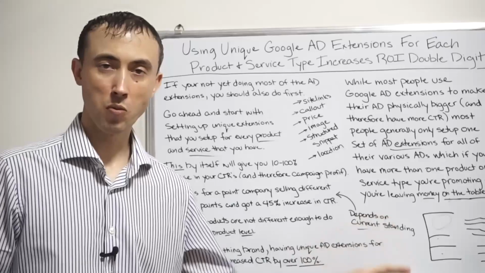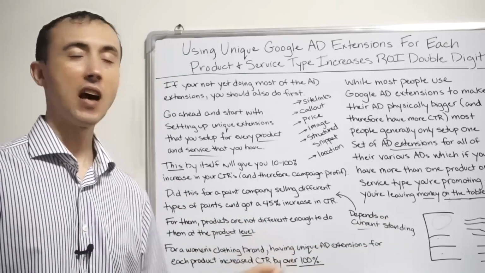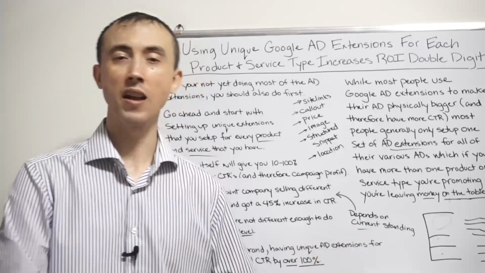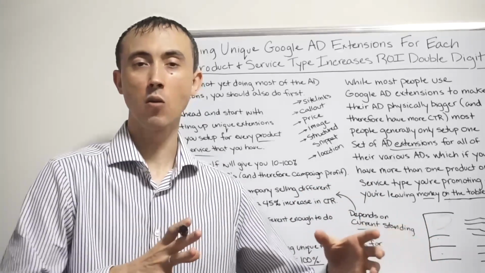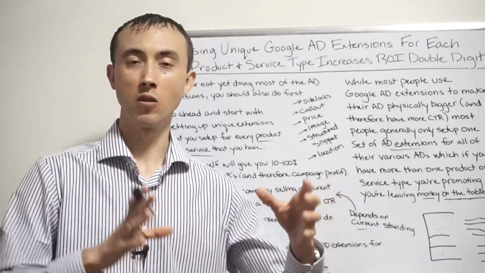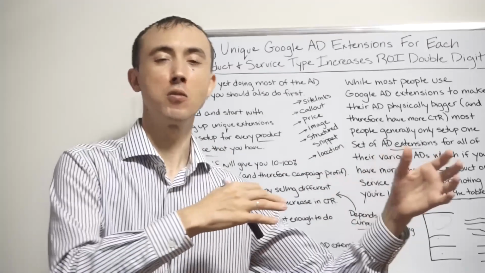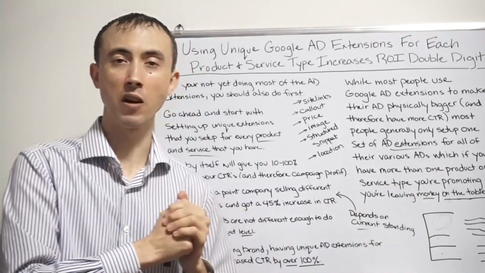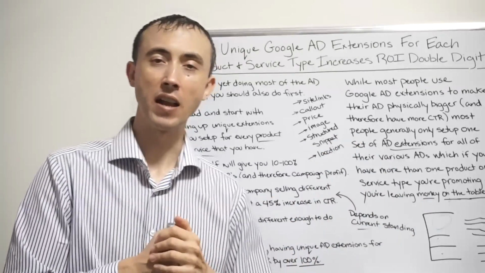Even if you're not in a visual product space, many times you're going to get more results setting up the ad extensions for each product or service versus just grouping products by category and then writing one ad extension, or one group of ad extensions, for each category where you have the products drilled down to a specific category, versus having the ad extensions written for an individual product.